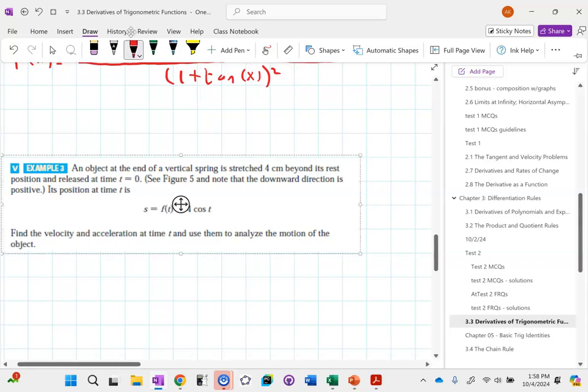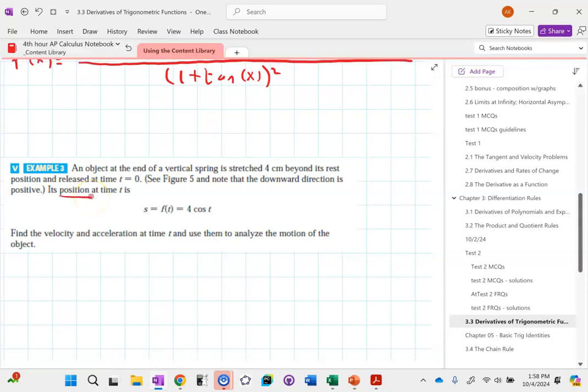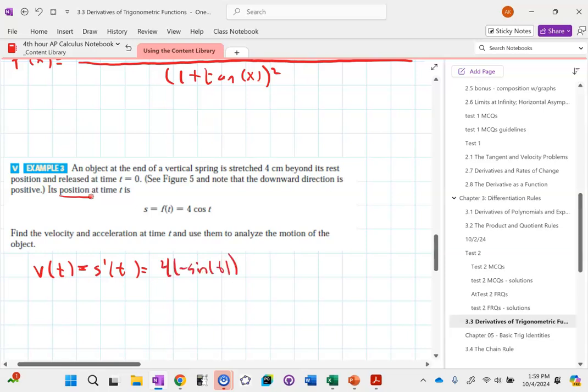So this is my position function, right? What's the relationship between a position function and a velocity function? Velocity is the derivative. What's the derivative of 4 cosine t? 4 times negative sine t, or just negative 4 sine t.